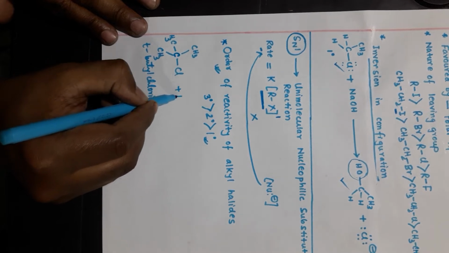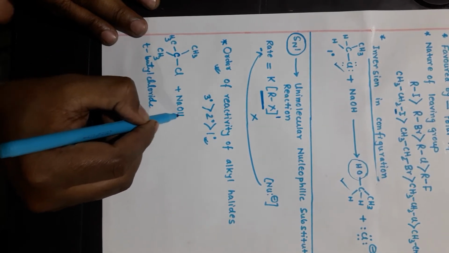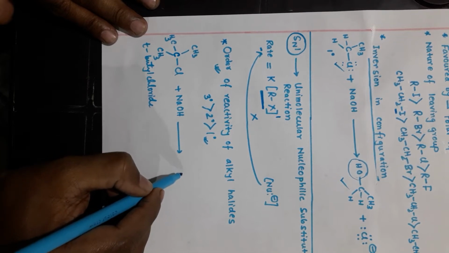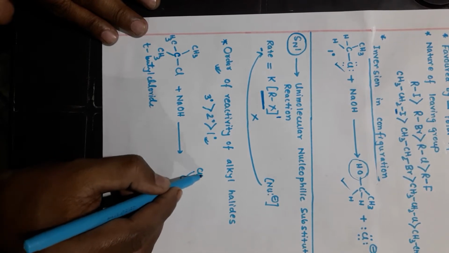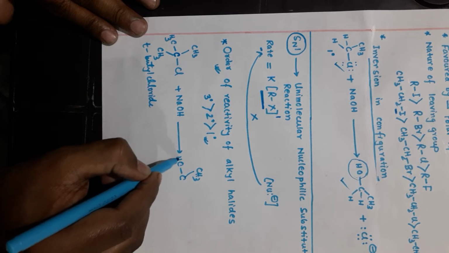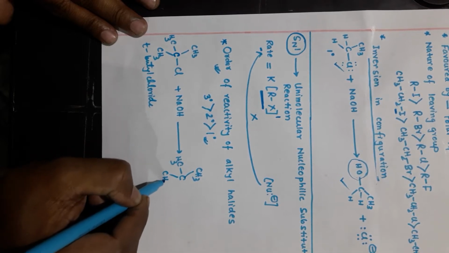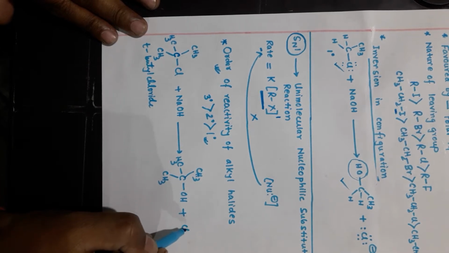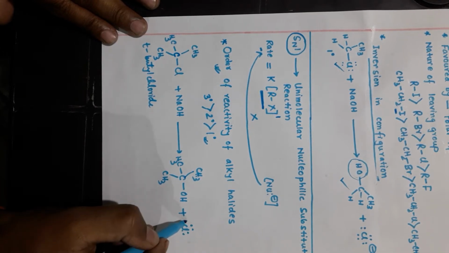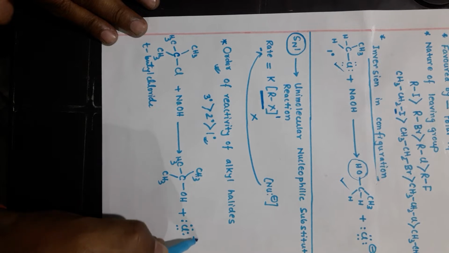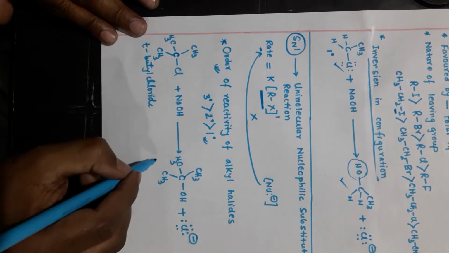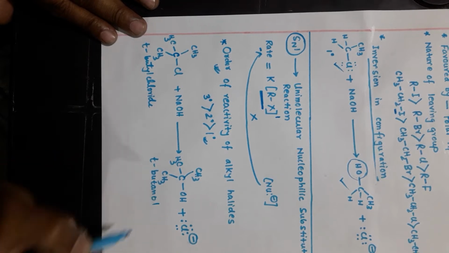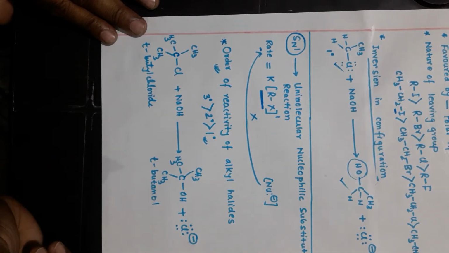When we go for the reaction with sodium hydroxide, we will get a product. The name of the product is tertiary butanol, and the halo group will leave as the halide. That means it was a chloro group, so it will leave as chloride. So this is an example of an SN1 reaction.